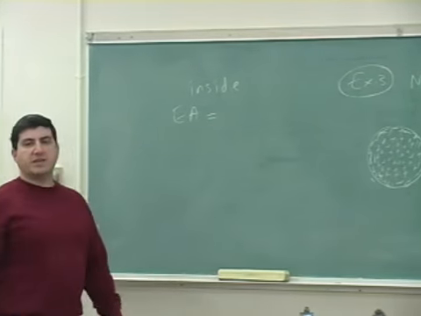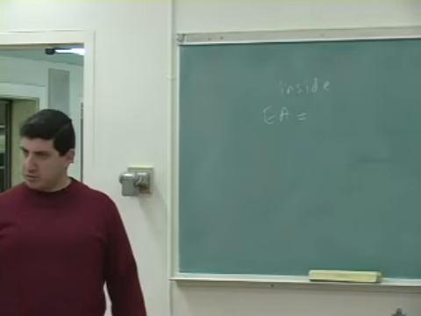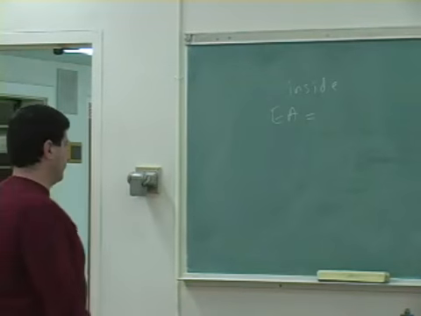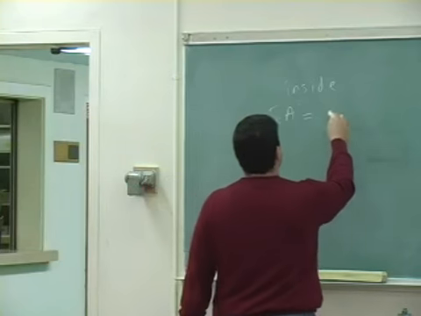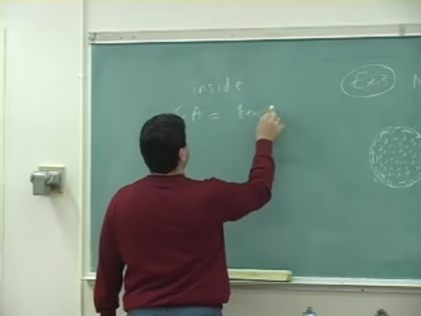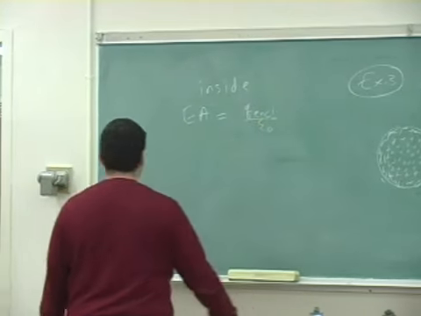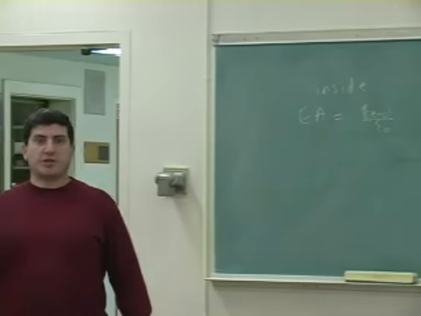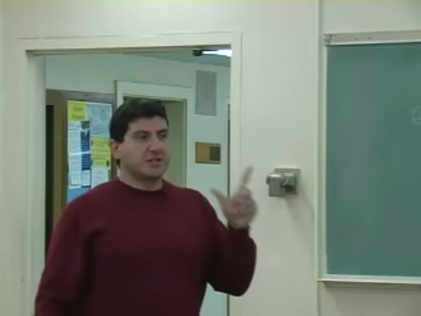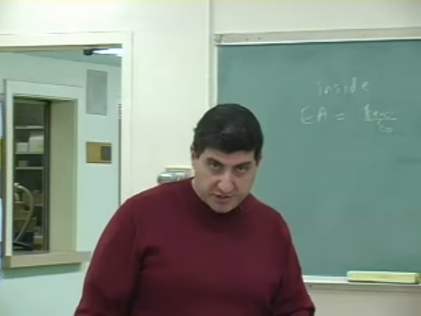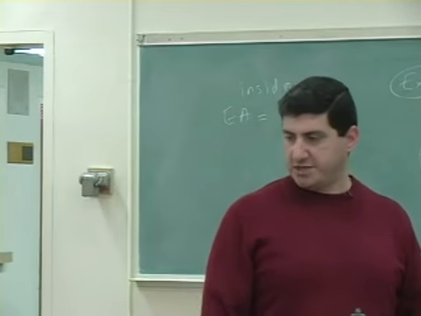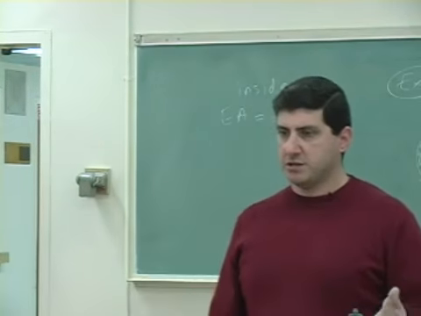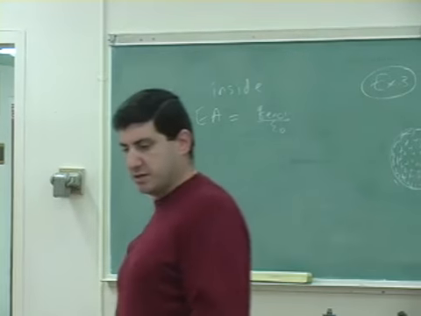So again, we have EA is Q enclosed over epsilon naught. The trick is always to find the relationship between Q enclosed and the total charge of the sphere. That's really where the only difficulty of the problem is.